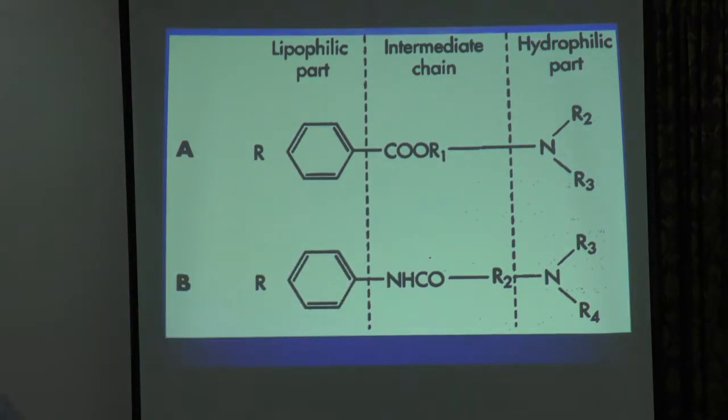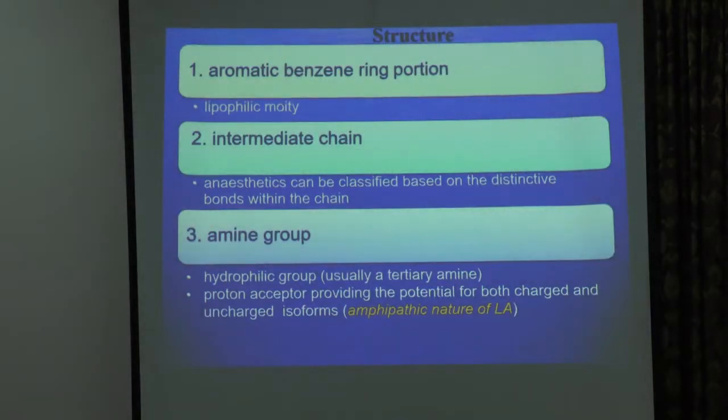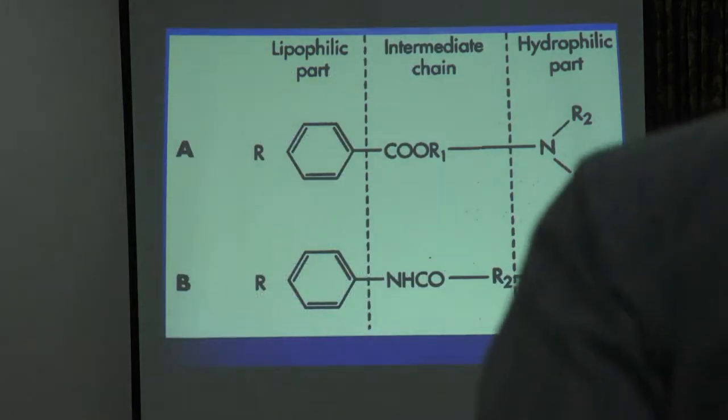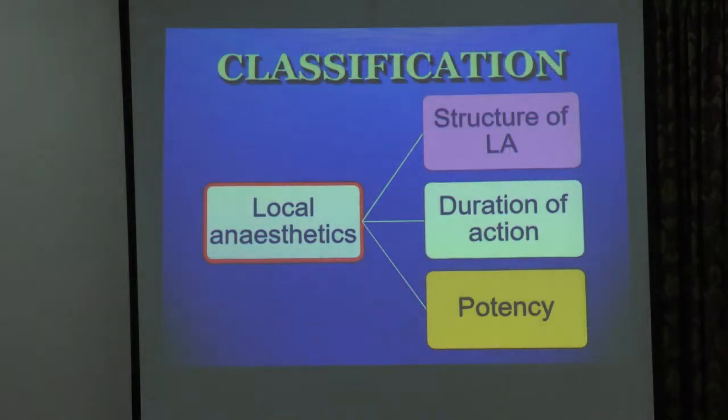And then the intermediate chain is also important because it gives them the anesthetic distinctiveness, because usually we'll put them as basically either esters or amides, and that comes from the intermediate chain structure.